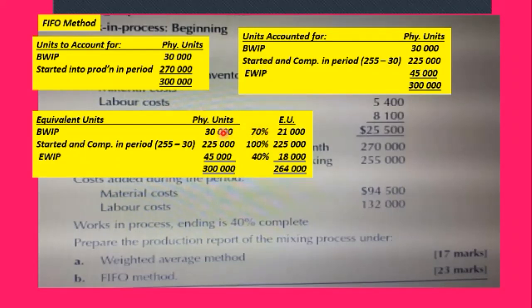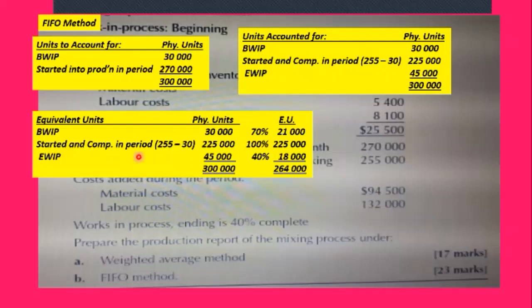So 70% of the 30,000 will give you 21,000 equivalent units. Started and completed in the period, you don't have a problem there, the entire thing was done in the period, whereas here only 70% was done in our period. So this will go in at 100%, 225,000.